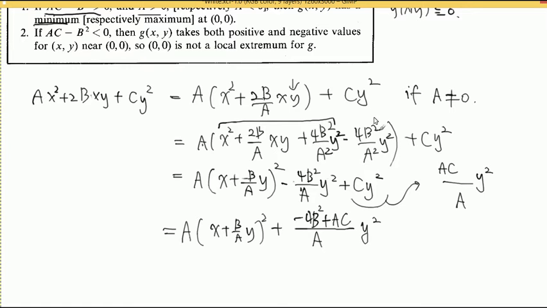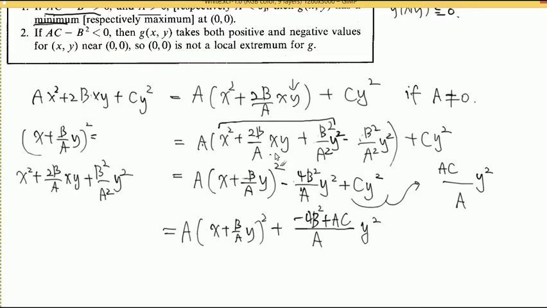Oh, this is what I did wrong. This is supposed to be just b squared. So for example, if you expand x plus b over a y squared, you get x squared plus 2 times b over a xy. You multiply these two, and the square of that part is b squared over a squared times y squared. So you don't have 2b in there, just b. You have to divide this one by 2 and then throw it in there.